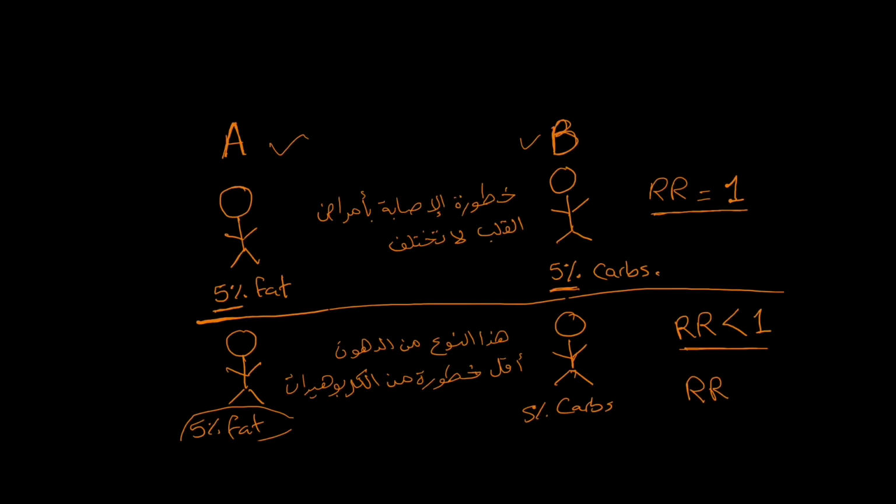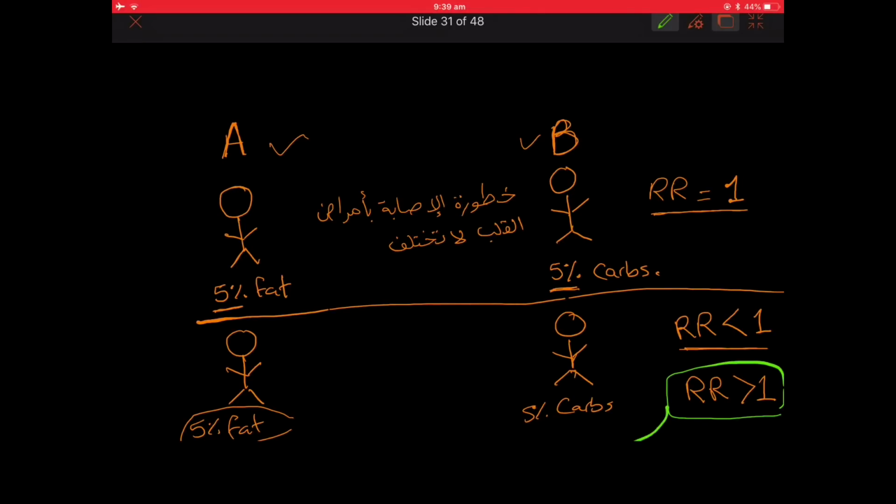relative risk, if we compare it and then relative risk is more than 1, higher than 1، فإذا كان relative risk أكبر من 1، مثلا 1.5 ولا 1.6، something like that، ولا 2 ولا 3، it means الكلام اللي بكتبه هنا for this scenario.